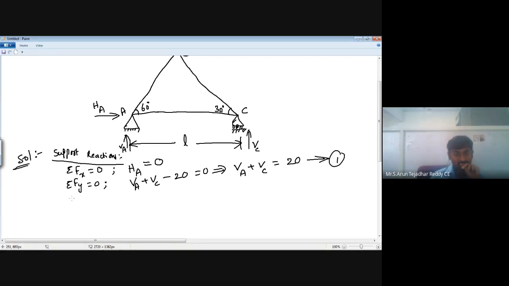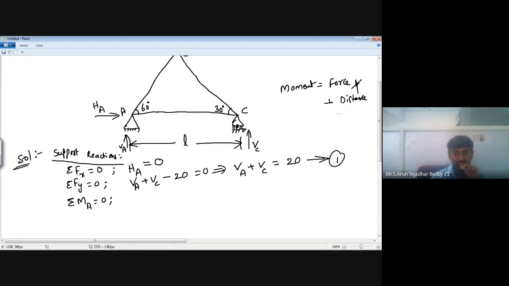Next, the third equilibrium equation, sigma moment, taking any one point as a reference. Here, moment about A is equal to 0. The moment formula is force into perpendicular distance.